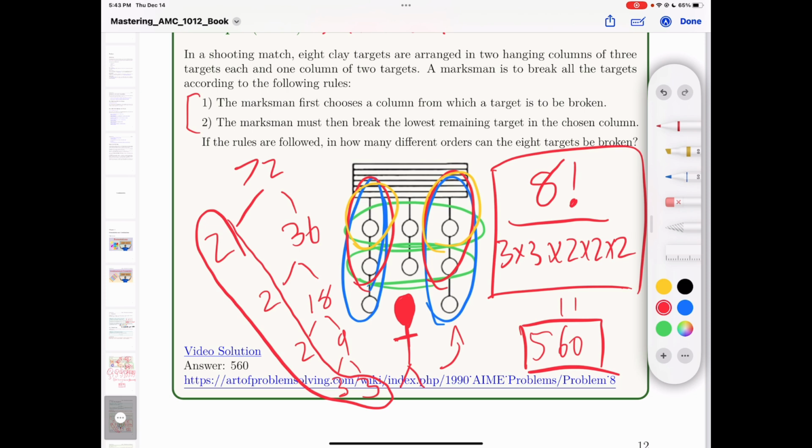This is problem 8. Let's see the solution. Solution by, oh my god, we've done it incorrectly.